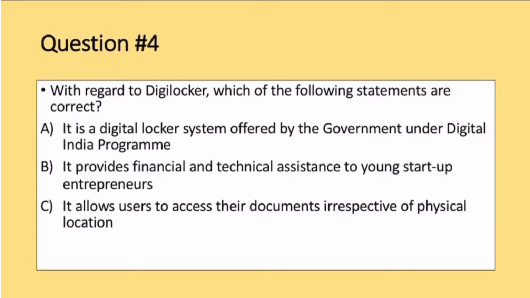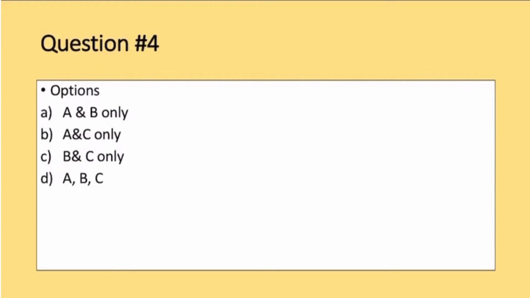No, it does not offer that sort of an assistance. So B is not a right statement. C, it allows users to access their documents irrespective of physical location. Yes, C is a right statement. So A and C are correct statements. In options, A and C, B is the right answer.